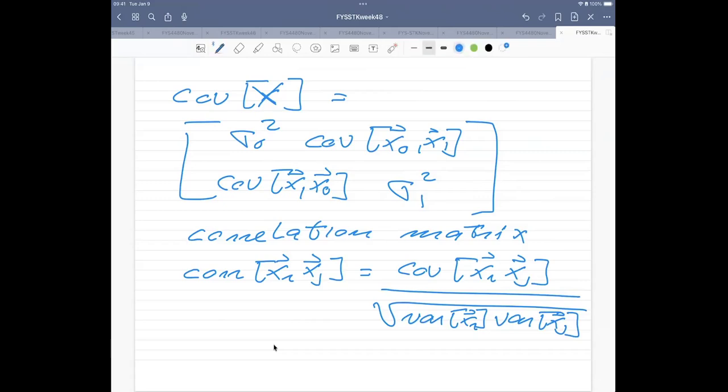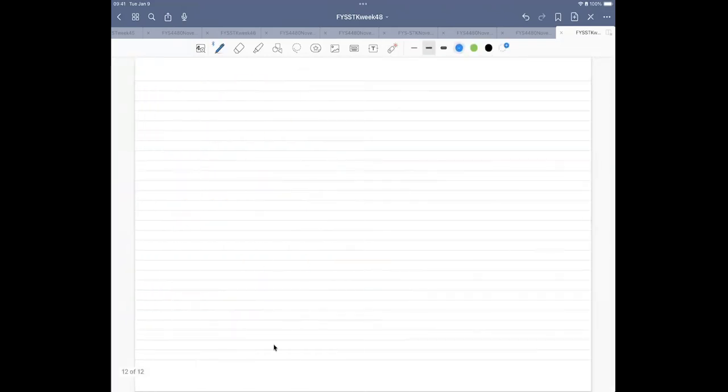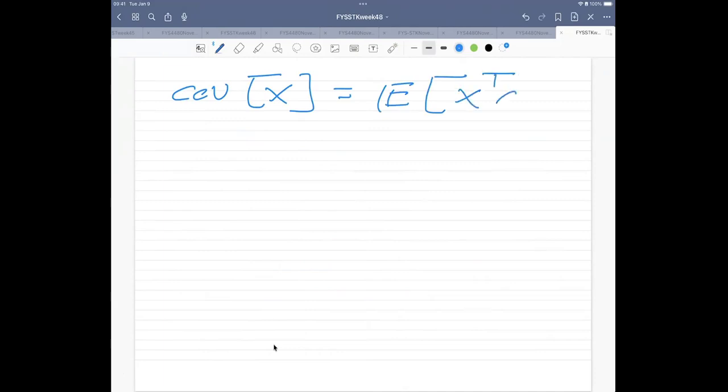So if I want to have the eigenvalues, if I now look at this covariance of x, this is nothing but the expectation value of this quantity x transpose times x, which is the same as 1 divided by n times x transpose times x.